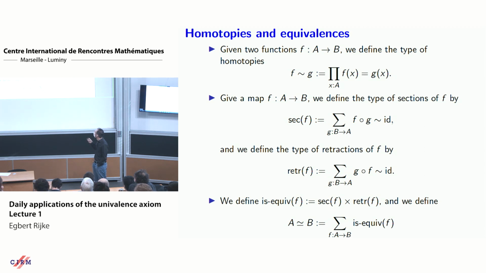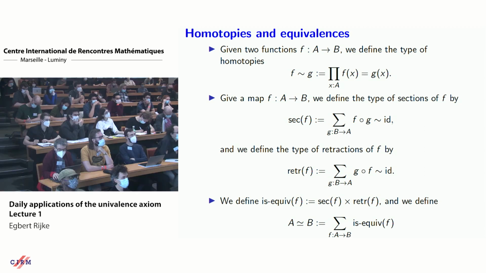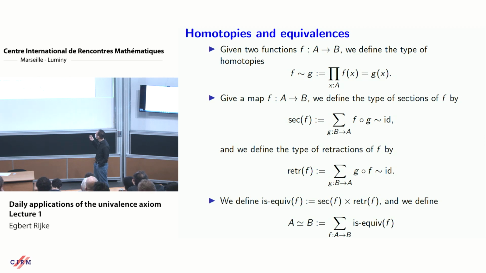We can say what it means to be a section of a map, and the type of sections. So here you start to see this idea. We express a concept and we immediately get the type of all of those things. To be a section, we give a map in the reverse direction from B to A, and we give a homotopy from f composed with g to identity.